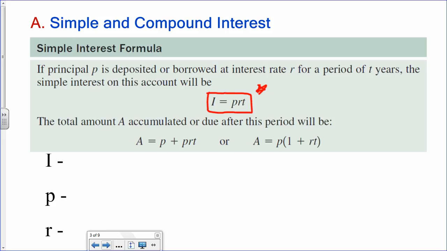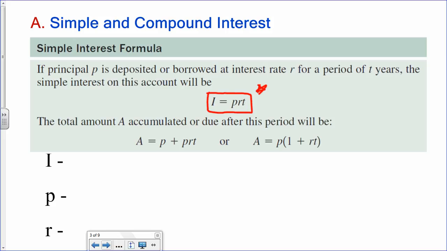This is the simple interest formula. Simple interest, it's just basically you put in a starting amount, you're given an interest rate, and it's for so many years, and you just multiply all those together. Okay, that gives you your total interest.